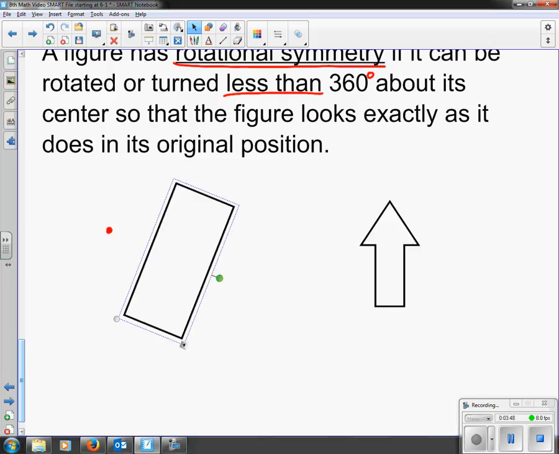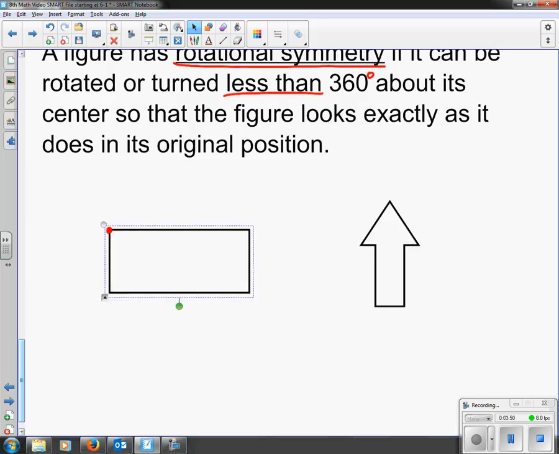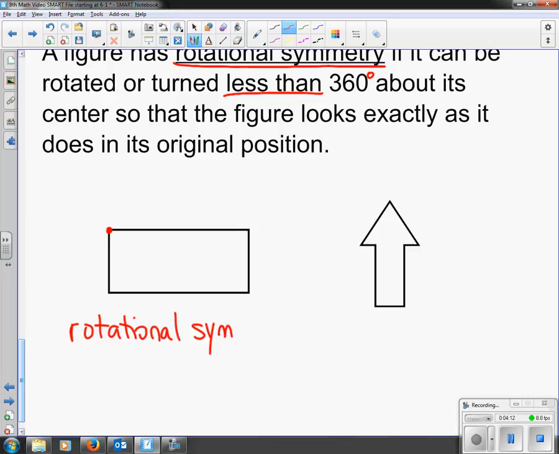But if I rotate it again to 180 degrees, it looks exactly as it did when it began. Its rotational symmetry is 180 degrees.